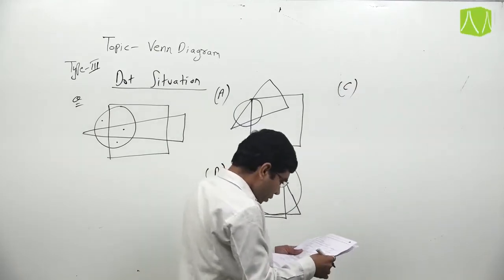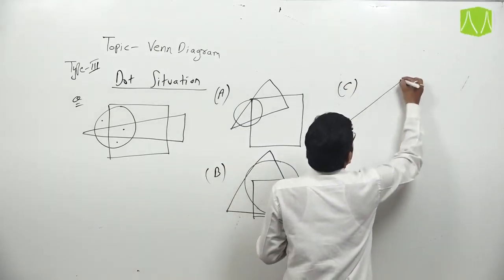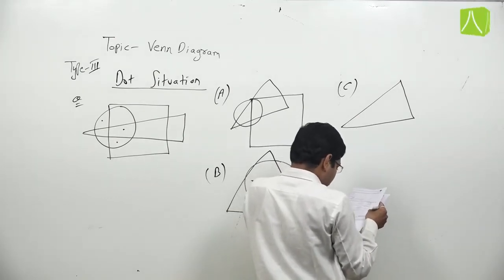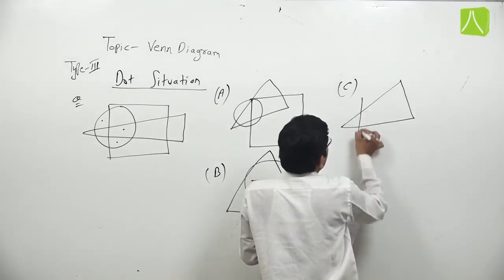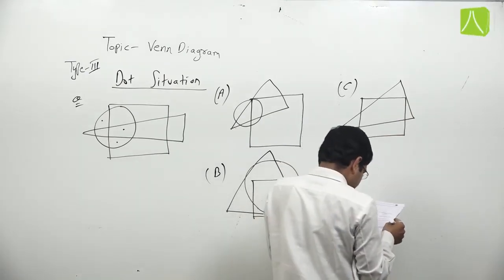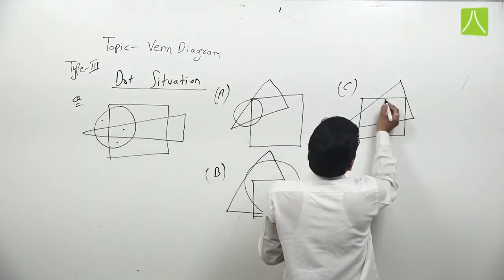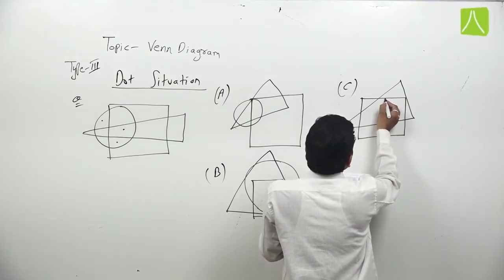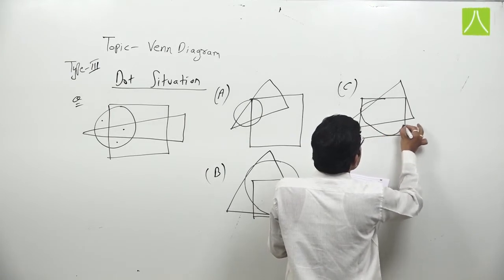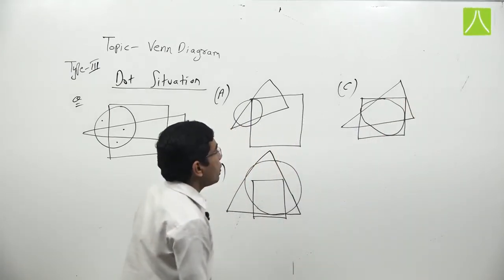In C option the condition is: it is our triangle, a square, and here a circle is given, only a circle is given in this circle.